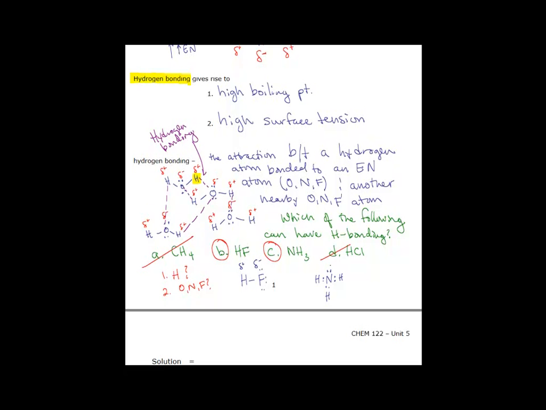So you have partial negative here, partial positive here, positive, positive. So you can also see what the polarity is in NH3. So hydrogen bonding is very important. And we see this all the time in water. Since water is the basis for all our solutions in Unit 5, it's an important concept to discuss.